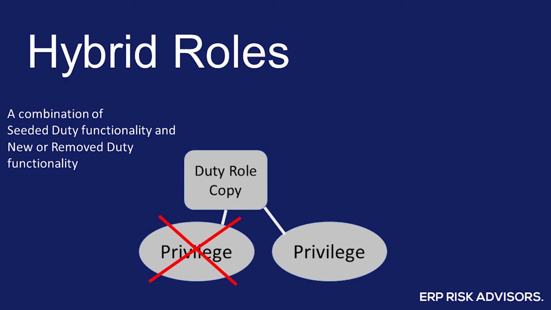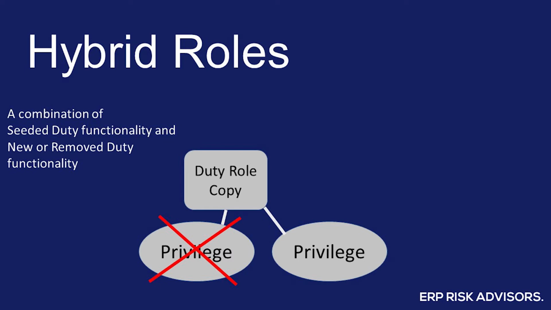So say a job role has 5, 6 duty roles associated, and 3 of those duty roles are fine exactly the way they are. They don't need to make any changes to them, but the other 3 duty roles do need to be changed. So they copy those and they make those changes and create 3 custom duty roles that have been changed.